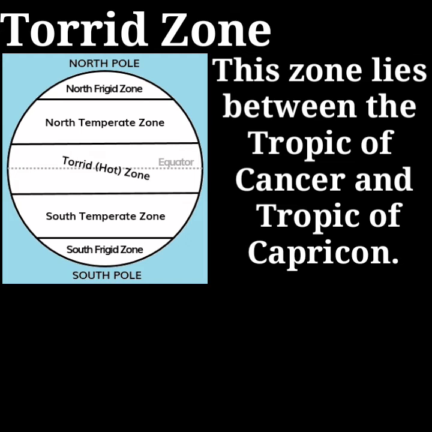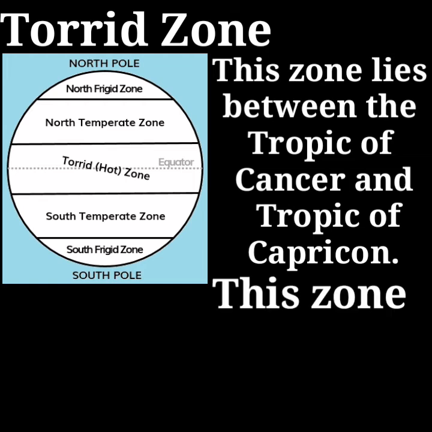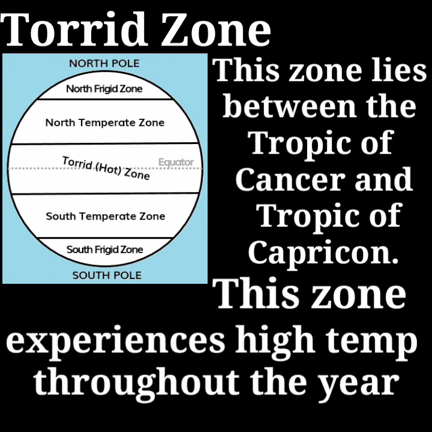This zone lies between the Tropic of Cancer and Tropic of Capricorn. This zone experiences high temperature throughout the year because the rays of sun fall vertically on this region, making it extremely hot.